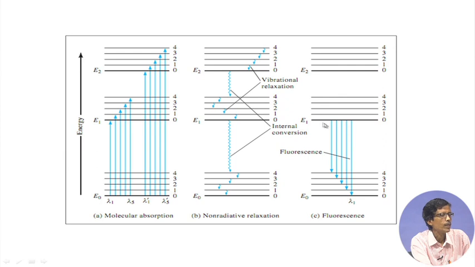But what we see over here is that when all these molecules from the upper excited vibrational levels come down to the ground vibrational level of E1, and they are allowed to emit radiation to any of the levels of the E0 state, that means the V4 level, the V3 level, the V1 level or the V0 level, we get the corresponding species giving the fluorescence spectrum.